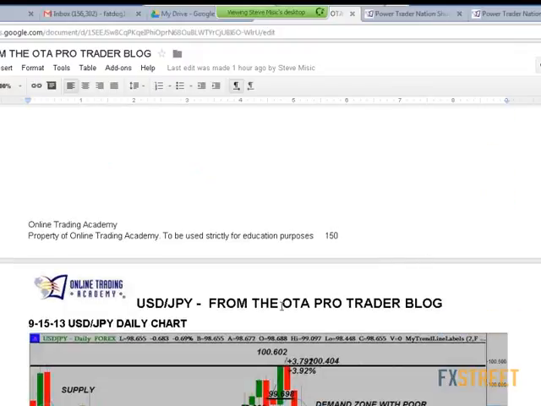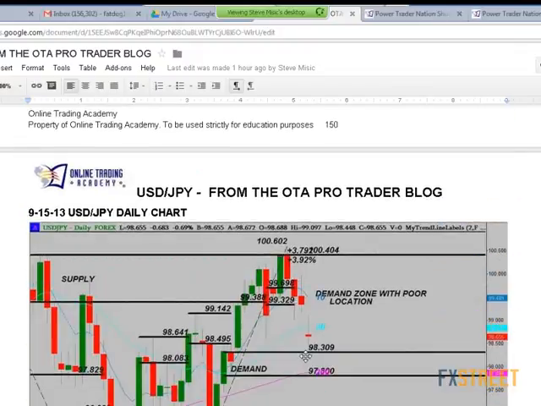I started posting regularly on my blog pictures of the dollar versus the yen chart and the Nikkei almost every week, but I did it a little bit later on in the series because a few of the students asked if I could post those Nikkei charts so they could see that. Okay.